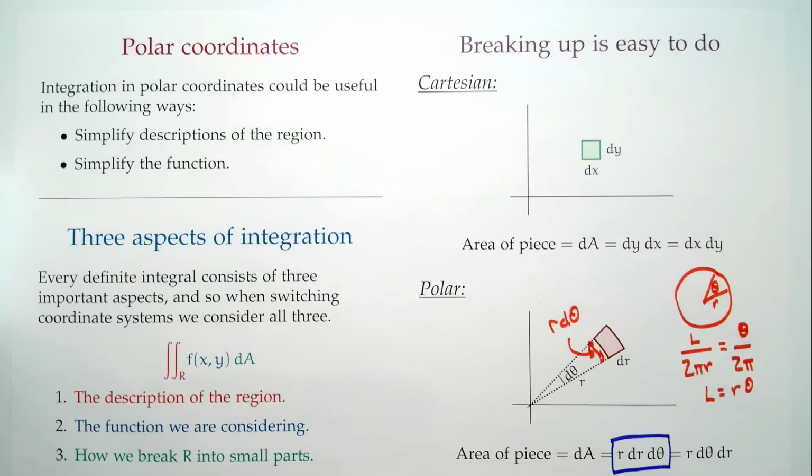That's because last semester, doing things in polar coordinates, we tended to describe things in terms of theta, so r is a function of theta. Because of that, dr d theta is the best way to go. All right, let us try some examples out.